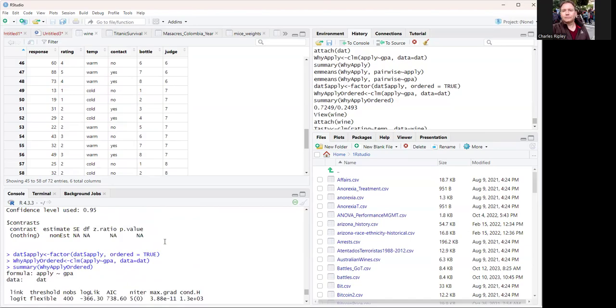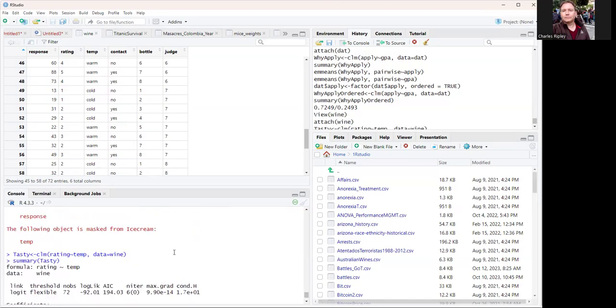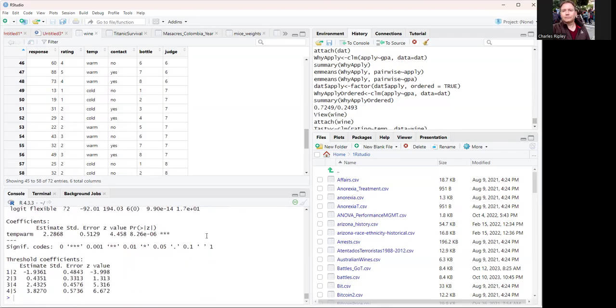LM is not the proper function. What is the proper function is clearly the CLM. There's also POLR. That comes from another package, which is also a good function to test ordinal data. That, however, doesn't have a p-value, and I think students do, unless you're a real diehard Bayesianist, feel comfortable with the p-value in order to interpret the results at this stage.